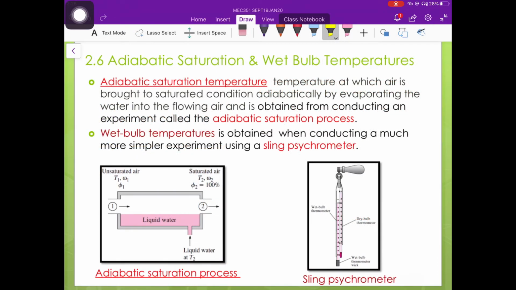However, getting the wet bulb temperatures by using the adiabatic saturation process is not practical.